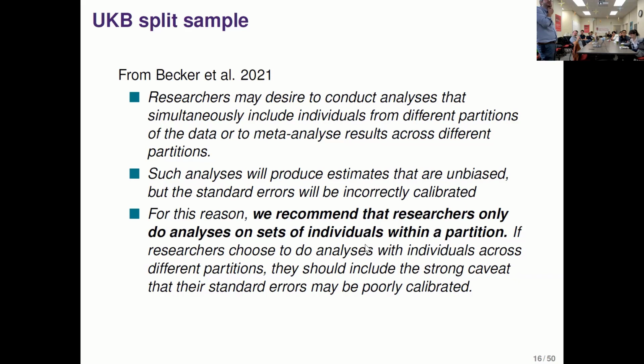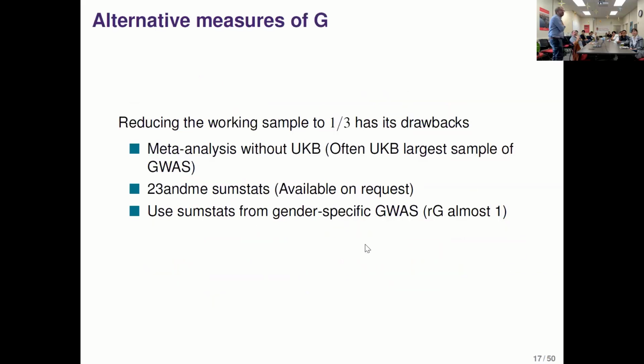That's the reason we paused a bit with the paper, because when we saw that this paper came out, it made us think about what the best strategy was. We also thought about alternative strategies, because reducing the working sample to one third of the entire UK Biobank has all these drawbacks.